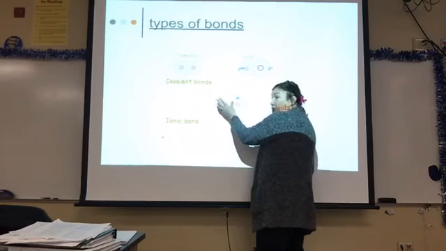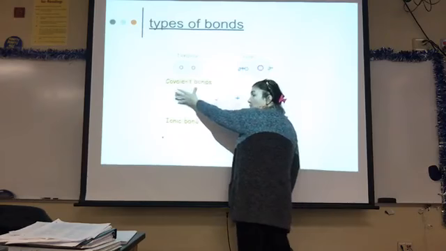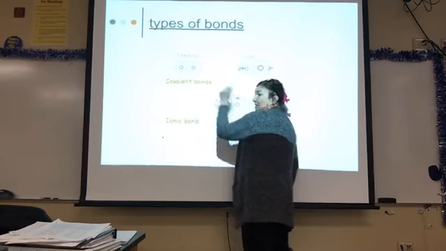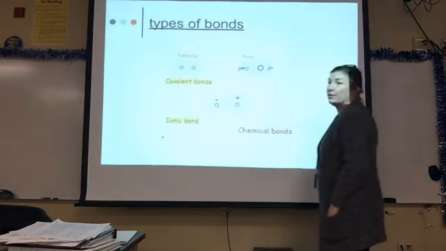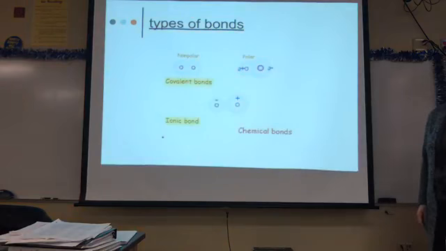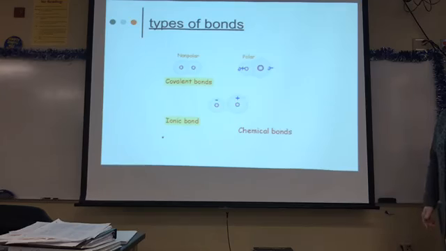It's electrostatic attraction. And then you have covalent bonds where they share the valence electrons. There are 2 different types of covalent bonds that we work with. One's called polar covalent, the other is non-polar covalent. We're going to talk about each of these.